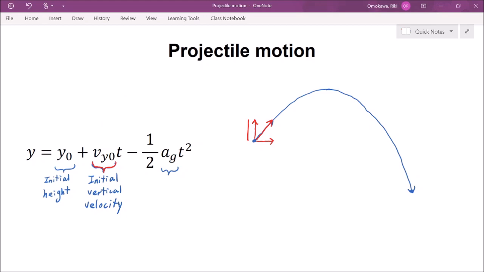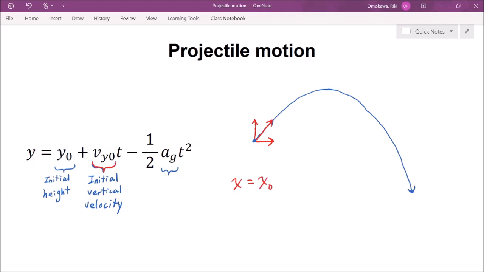Now we're going to be doing an actual example here, but know that gravity makes y have this complicated equation. But gravity only affects motion vertically, so for the horizontal motion, the object will just keep going at this speed. So we're going to find that the equation for x is just a constant speed equation, right?